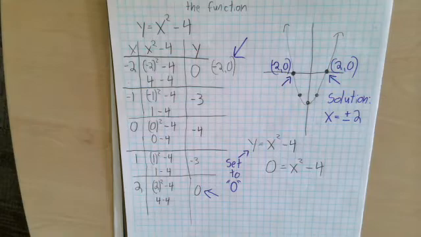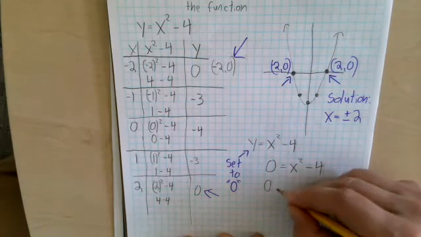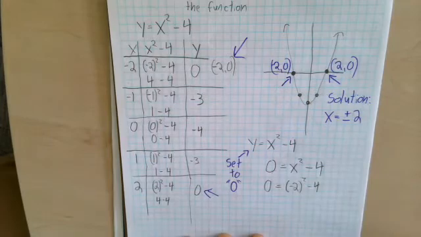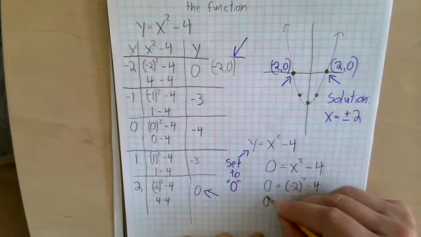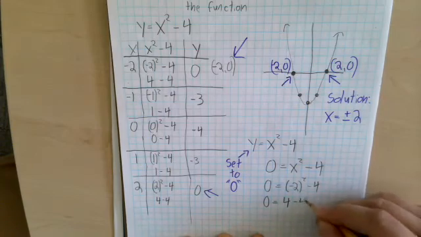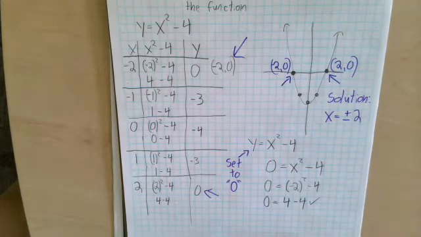So what we have done with our solution is ask what x values make this statement true. Well, we have two values. We have 0 equals negative 2 squared minus 4. At this point, I'm just checking to see if this is going to work out. Negative 2 squared is 4 minus 4. Well, that works out. 4 minus 4 is 0. Check.